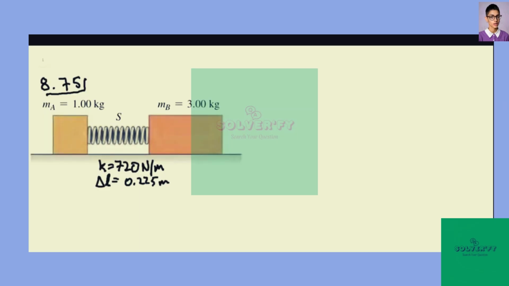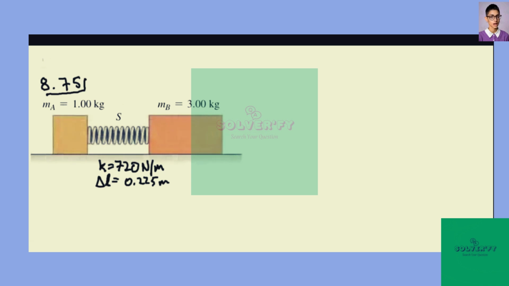Problem 8.75. So you have these two blocks that have a spring compressed between them, and we're told what its spring constant is and how much it's been compressed. We're wanting to find first the accelerations of A and B right after the blocks are let go.